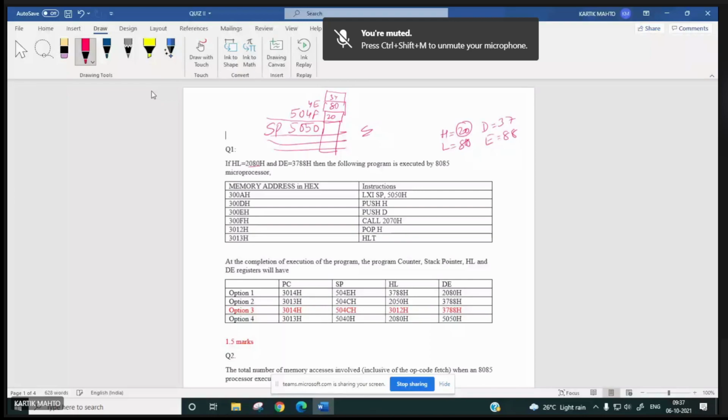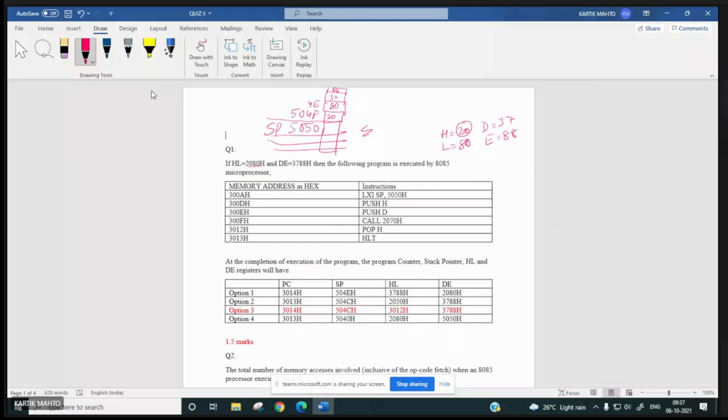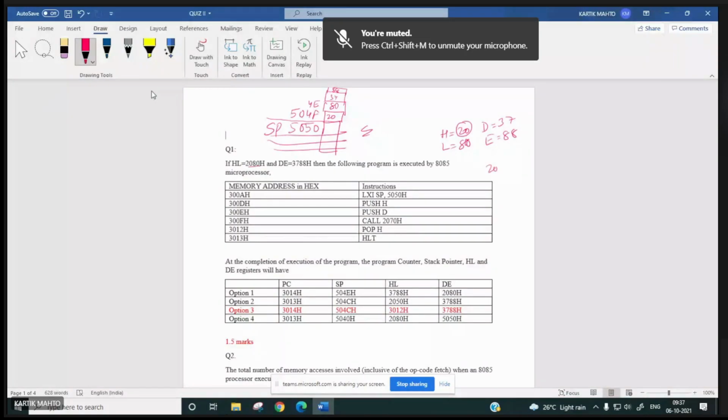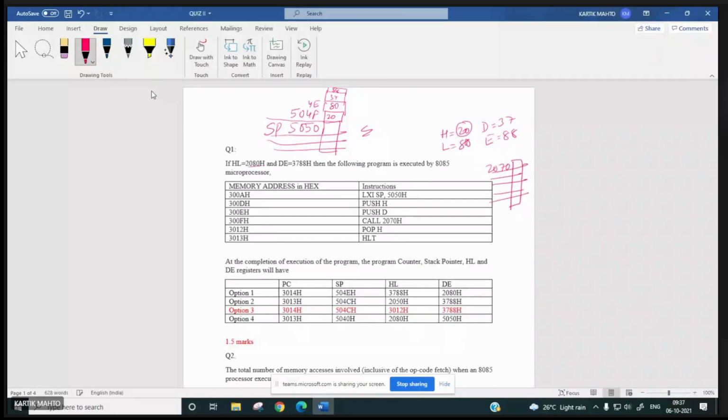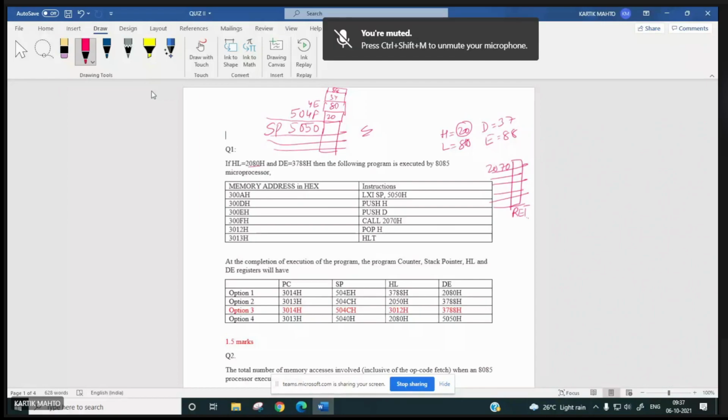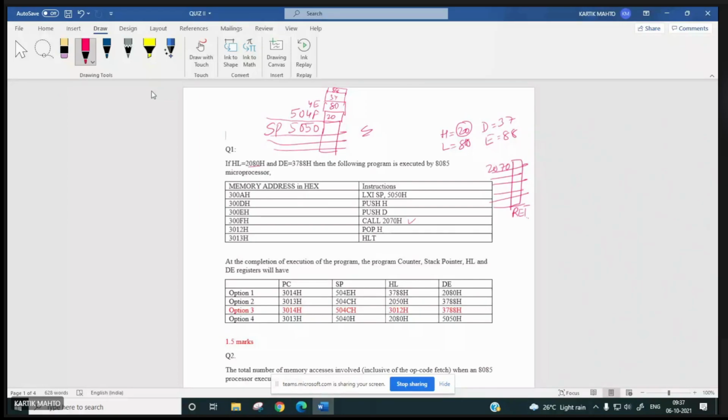Next instruction is call 2070. So the processor will branch to 2070, and from there it will start executing the instructions. And at the end, it will find the return instruction in the ISR, and it will return to 3020H. So when this call instruction is executed, the next instruction address is pushed onto the stack.